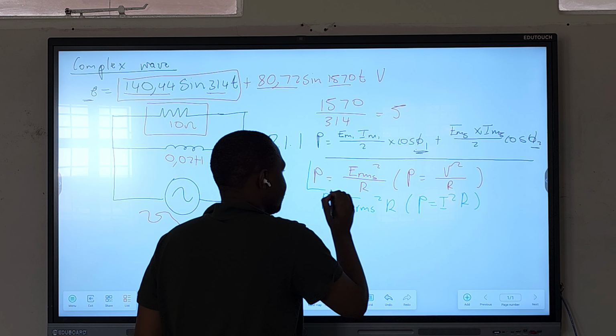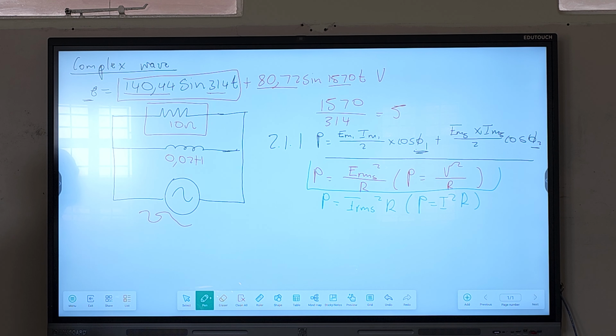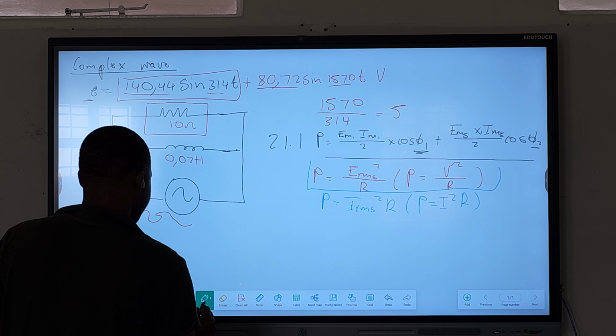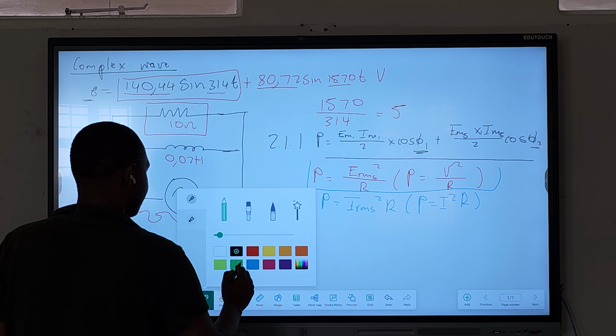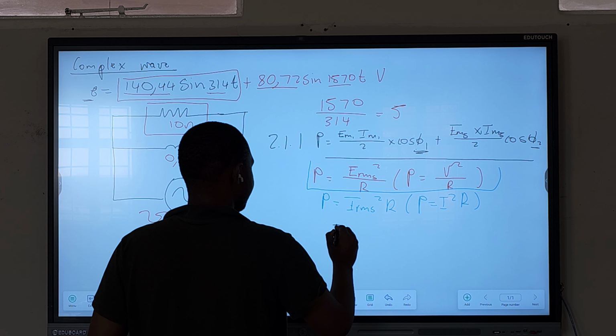But obviously we're going to use this one because I can calculate the E RMS. And how do we calculate the RMS of a non-sine wave?